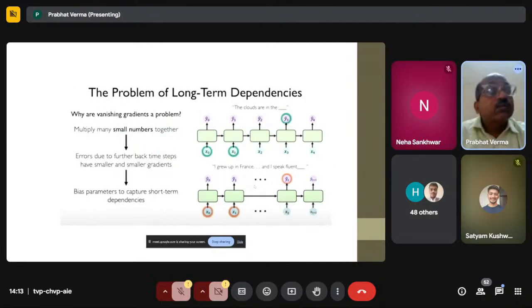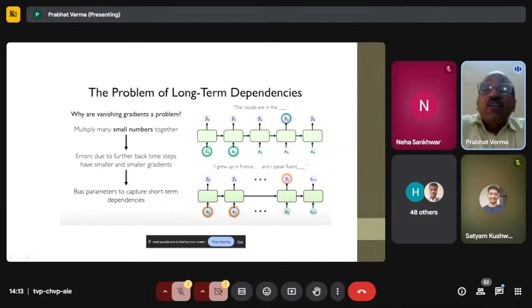So both these issues are there in the gradient flow. Now let us come to the problem of long-term dependencies. Why is vanishing gradient a problem? Because when there is a vanishing gradient, our model will not be able to handle long-term dependencies, because going through the long-term time steps, the parameters would be reduced further and further, vanishing and going near 0.